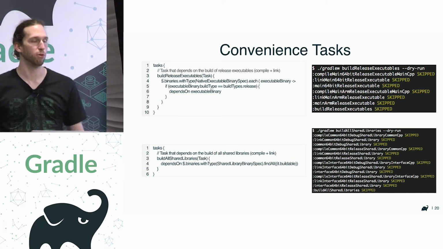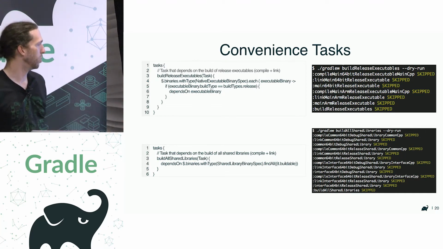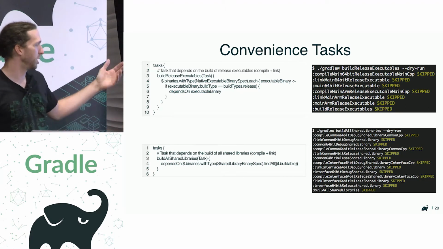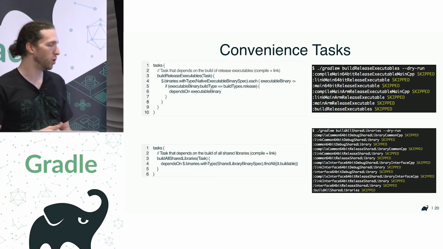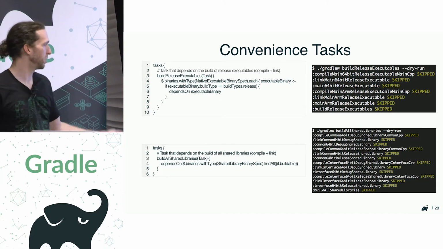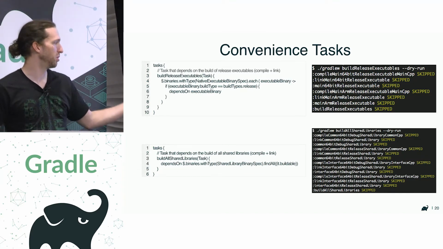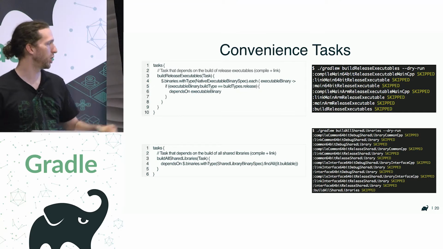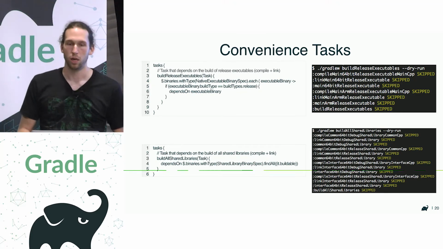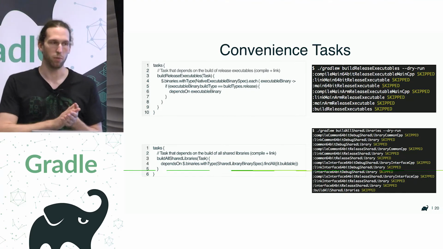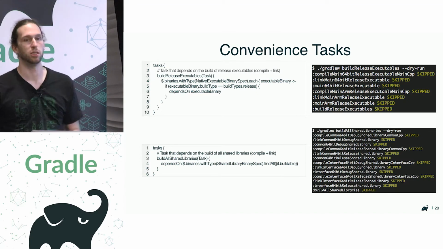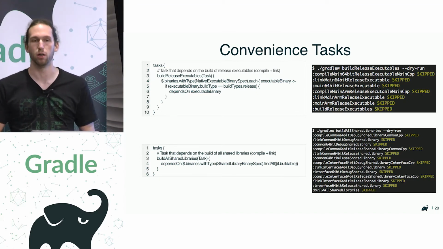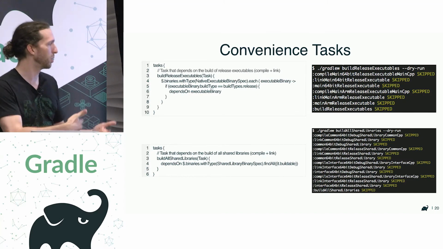A more shorthand version of that is the second example, where again, same idea. We have creation rules, the name, the type. In this case, we want to build all shared libraries. So again, the $ sign to get the input of the binaries with type all shared library binary spec. And then we can do a findAll, which is kind of like the matching part, except the matching is live, whereas with findAll you just want to iterate through it.